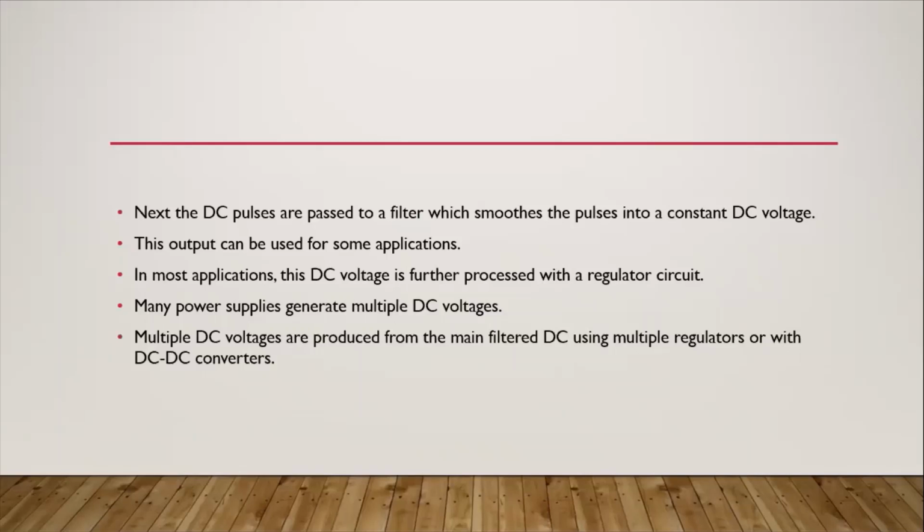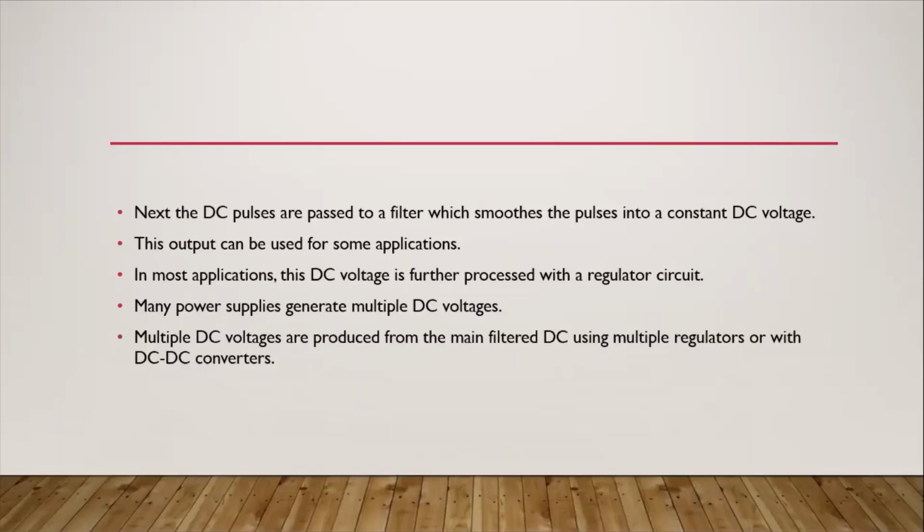In most applications, this DC voltage is further processed with a regulator circuit. Since ang lumabas na output ay constant DC voltage after gumamit ng smoothing capacitor, pwede na natin gamitin ito sa mga application.